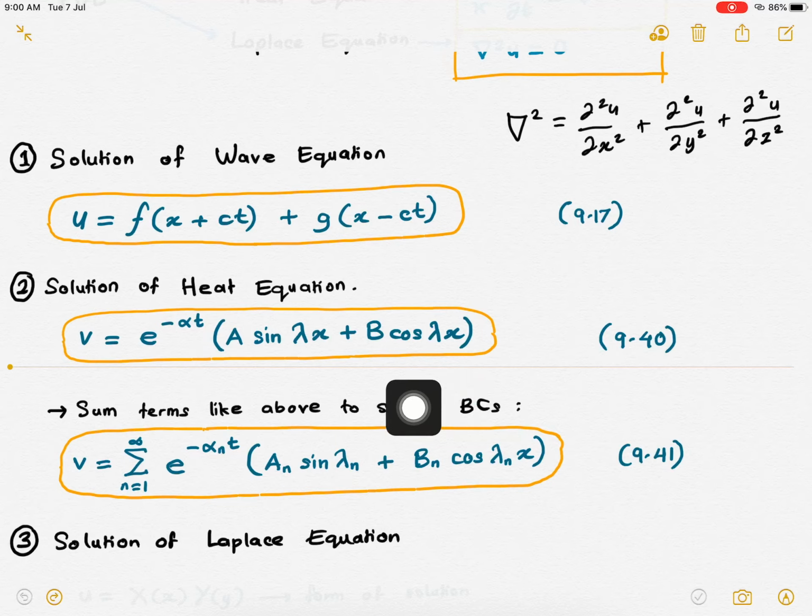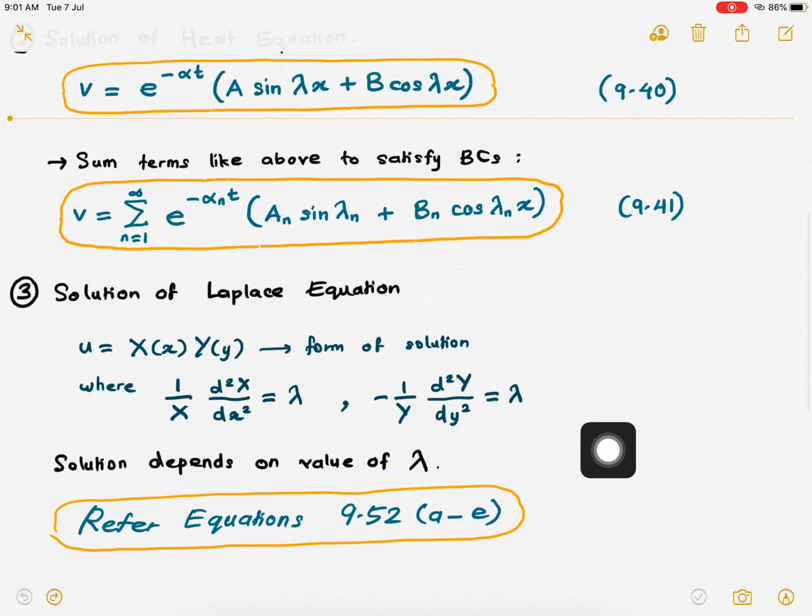So we will use boundary conditions to solve the PDE. When there are multiple boundary conditions, we need to sum all the solutions, and we will have this formula. Sigma is the symbol of summation, with the n index, where n is the number of boundary conditions. Okay, that is the solution for the heat equation.